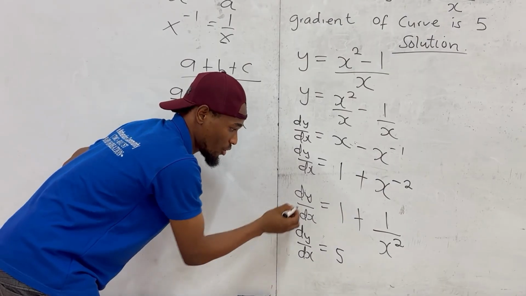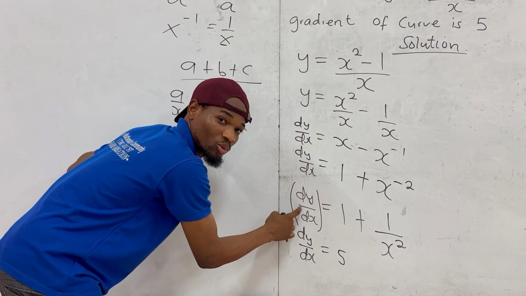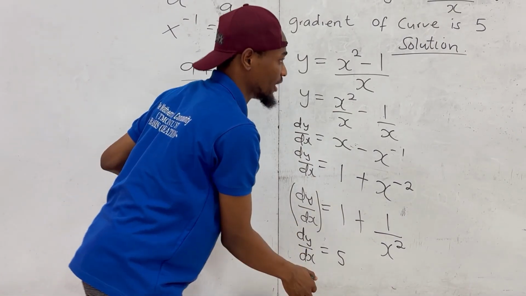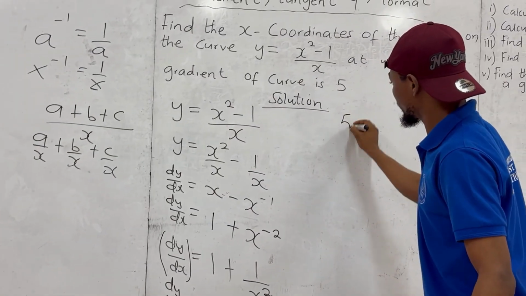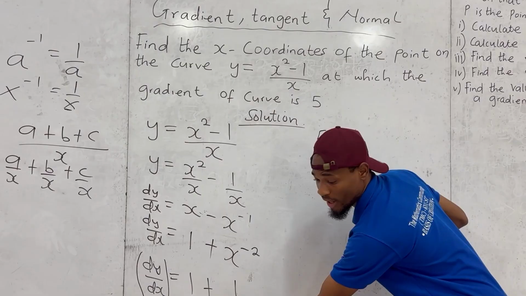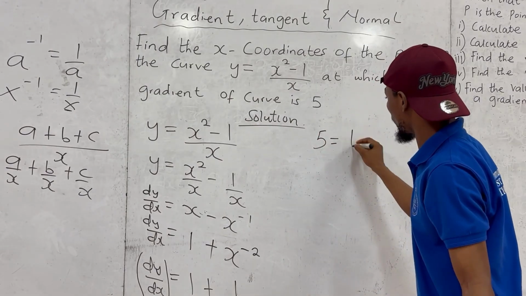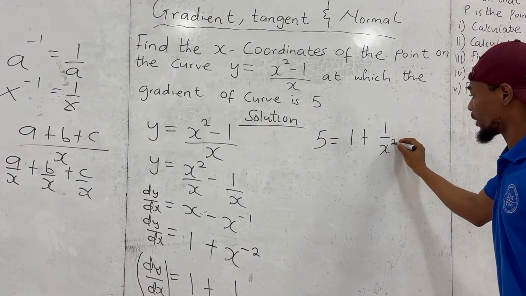Wherever I see dy over dx, I insert 5. So 5 is equal to the expression we have here: 1 plus 1 over x squared.